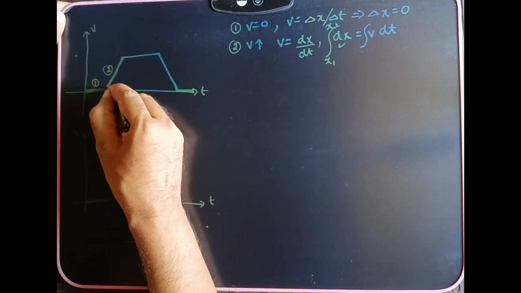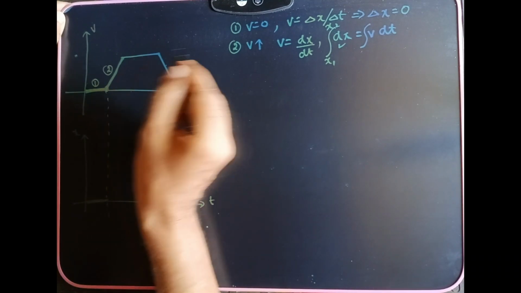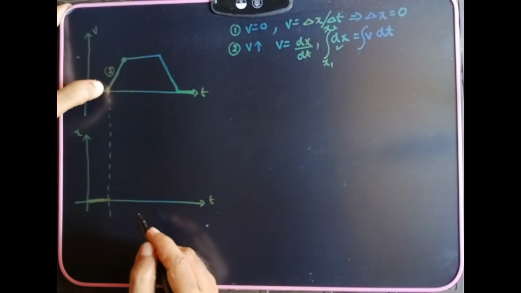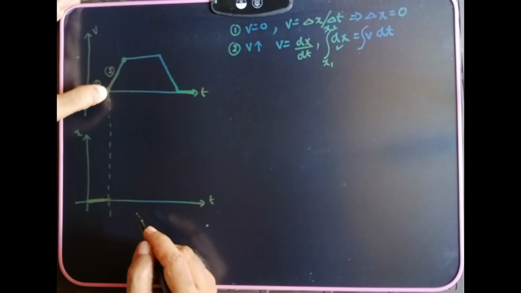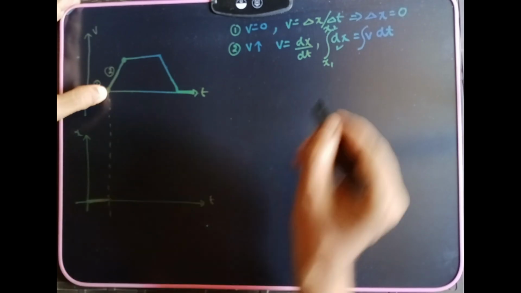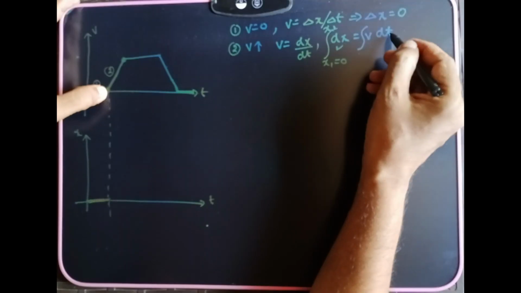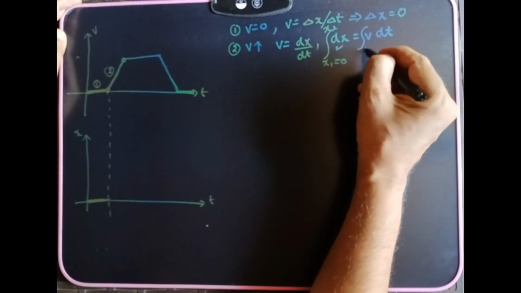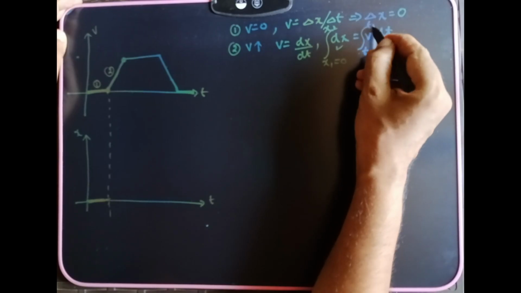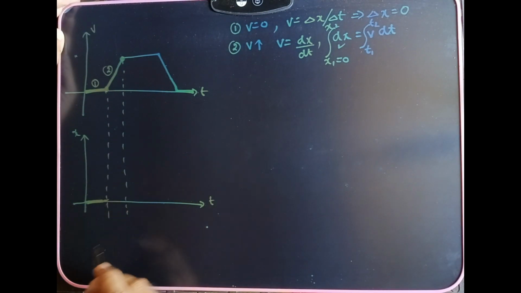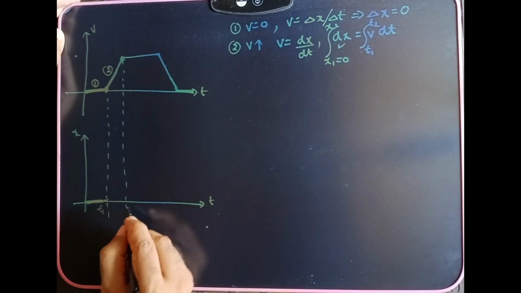And we want to know from here, this is the starting point for point 2 and this is the ending point. But for the starting point x1 is actually 0, right? And the variable here is dt. So we need to know from time 1 to time 2.